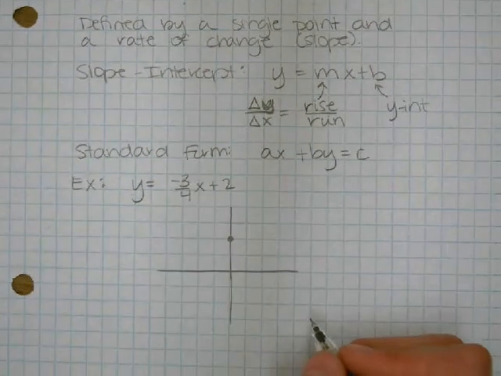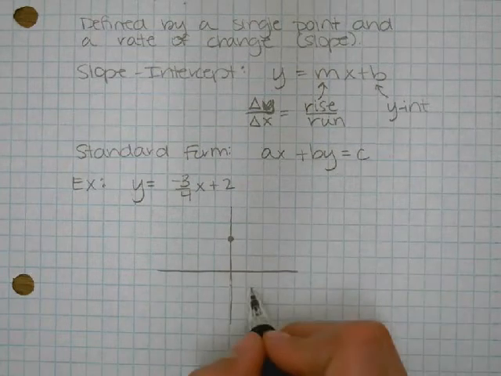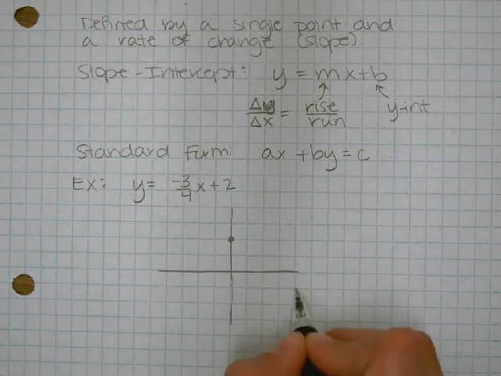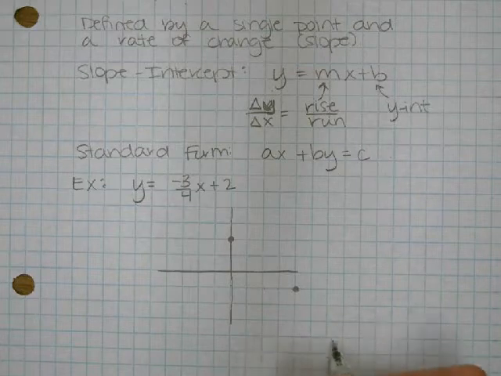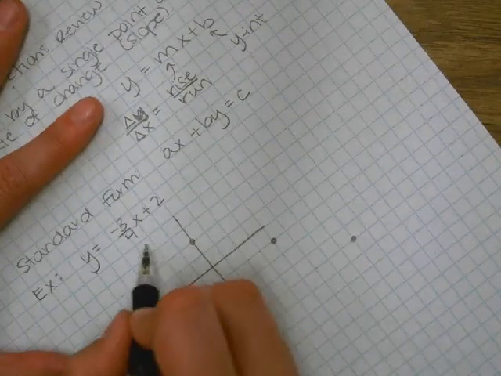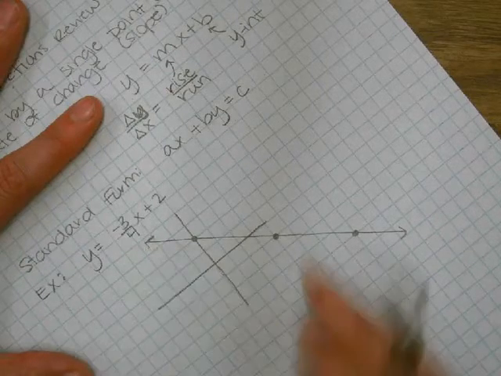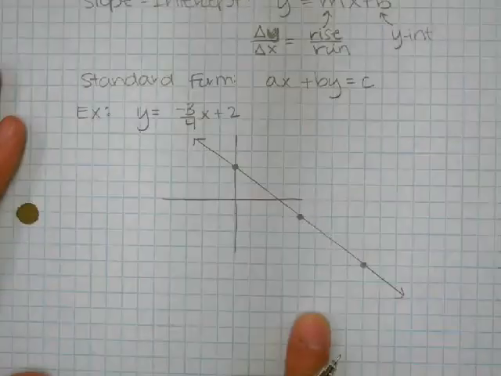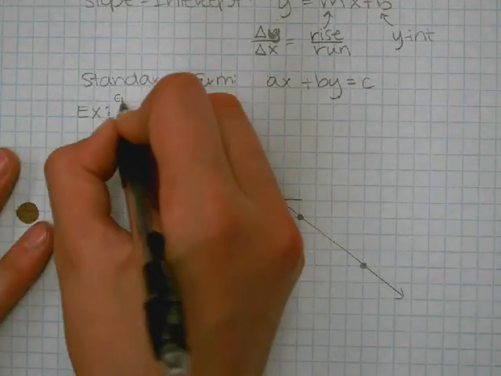And then my rise over run tells me to go down 1, 2, 3, and to the right 1, 2, 3, 4. So down 1, 2, 3, to the right 1, 2, 3, 4. It's off the page-ish. So that's what that line would look like. I guess in this example I should have had some instructions.